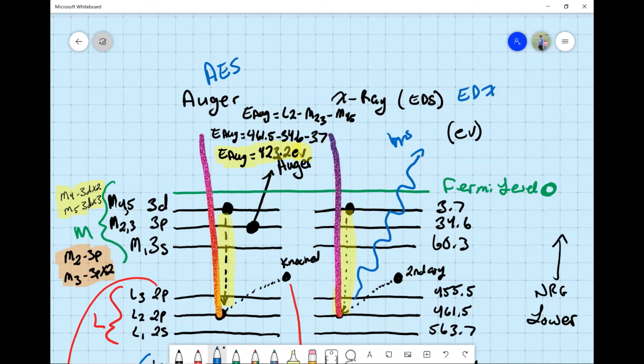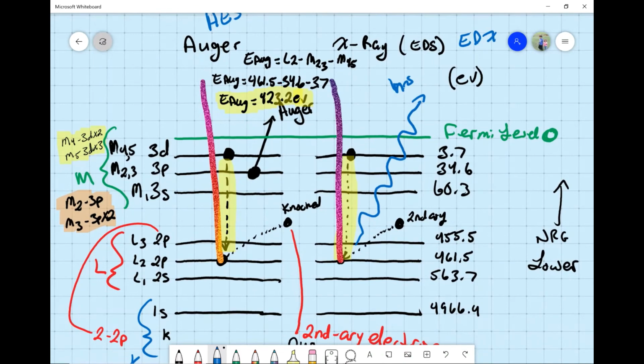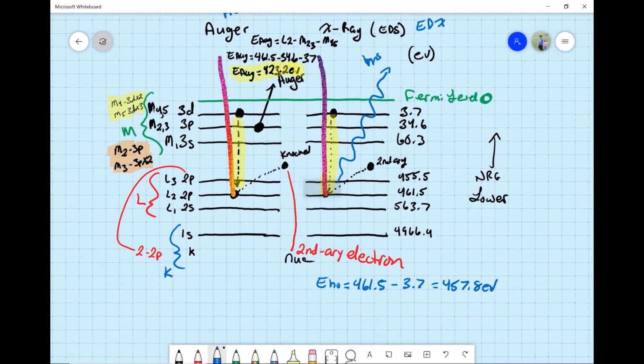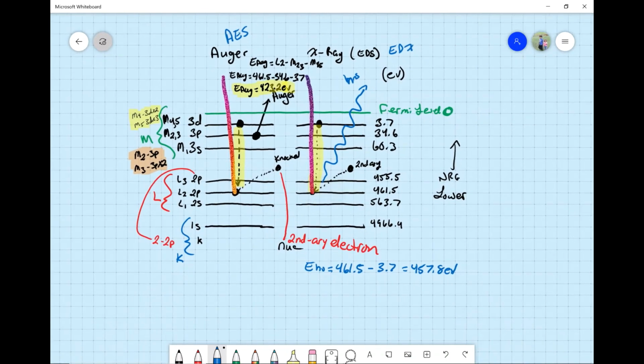But EDS, energy dispersive spectroscopy. There's another flavor of spectroscopy that we use to identify elements called wavelength dispersive spectroscopy. Hopefully, by looking at the two similar processes, you can see how both of these are used to identify chemical species, actually. So you can do elemental analysis and that kind of thing.